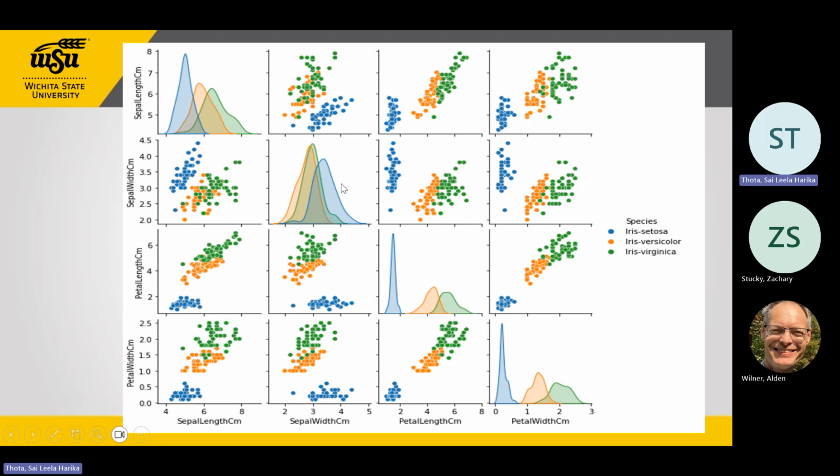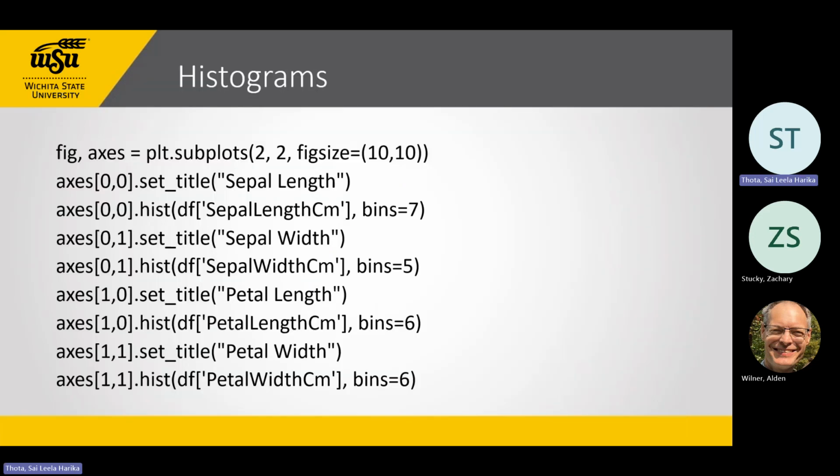So just to observe how a particular species' variables are varying, you can see the pair plot. Instead of individual plotting, if you want to observe all the variations in a particular species, you can use the pair plot.